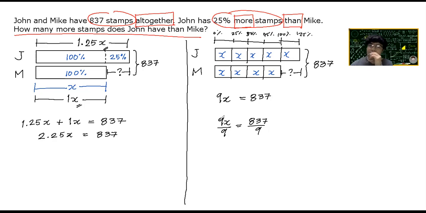This will become 9 divided by 9 is 1, or simply 1x. And then dividing 83 by 9 is 9 with the remainder of 2. So 27 divided by 9 is 3. So 93. Now, what will happen here if we divide both of these numbers by 2.25?